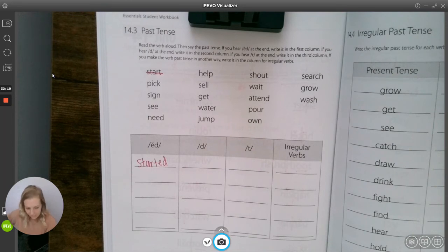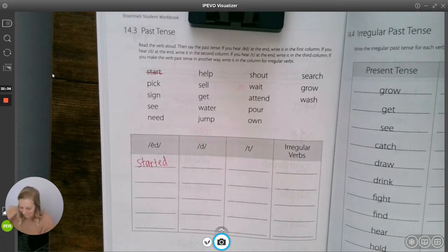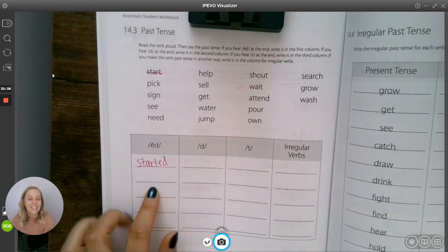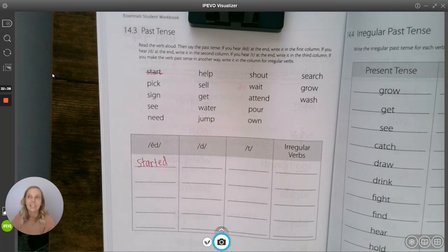All right, what is the second word? Pick. Good. Let's turn that word past tense. How would you turn pick into past tense? I almost gave you the answer. That's right. It turns to picked. I picked apples. Good.